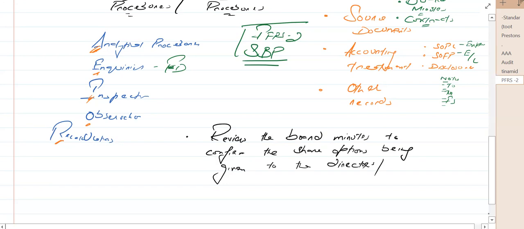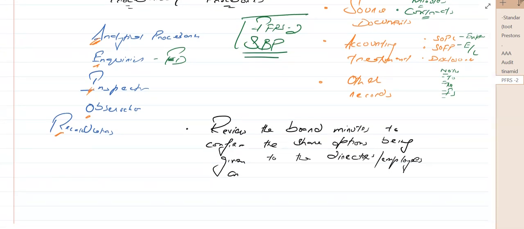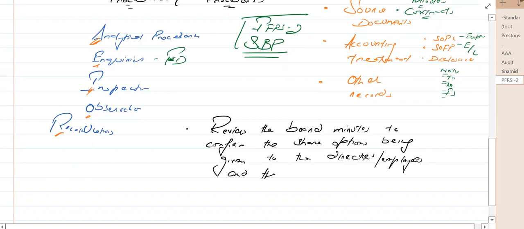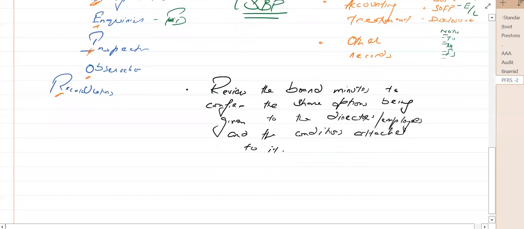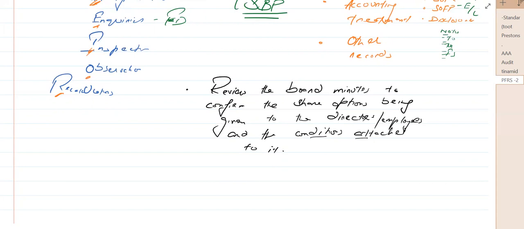So review the board minutes to confirm the share options being given to the directors or employees and the conditions attached to it. You can also write: review the board minutes to confirm the number of share options being given to the number of directors and the conditions attached to it. So you can write this way as well.